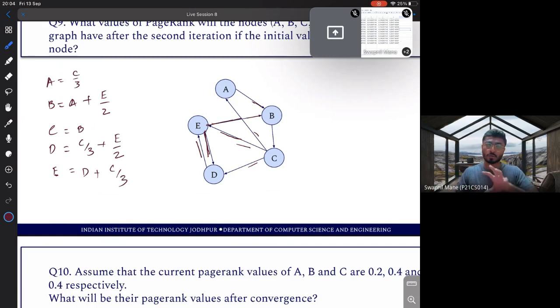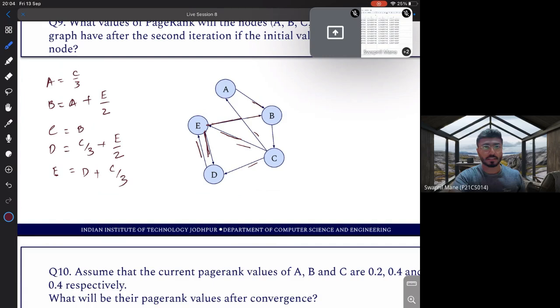Each node has contributed these values only, meaning the page rank, right? Here you can see the fourth node has the highest page rank, the highest important node, we can say. And the least important node is E, which is pointed to by a not good node.